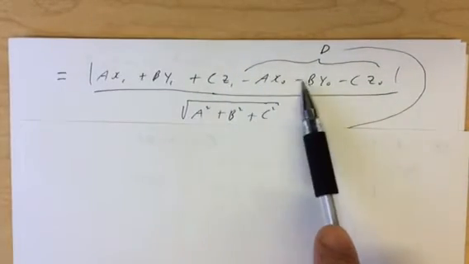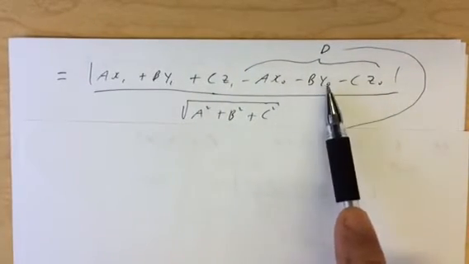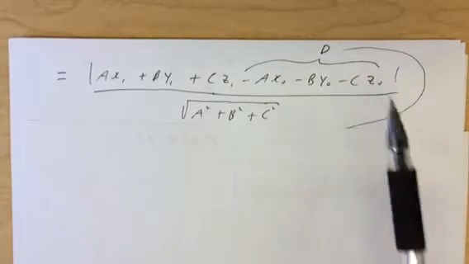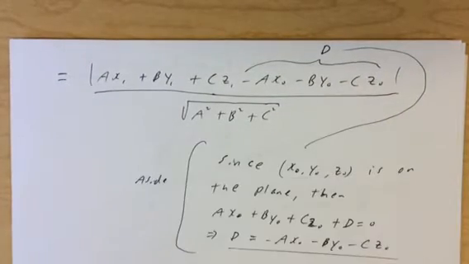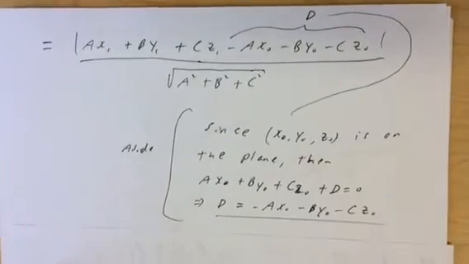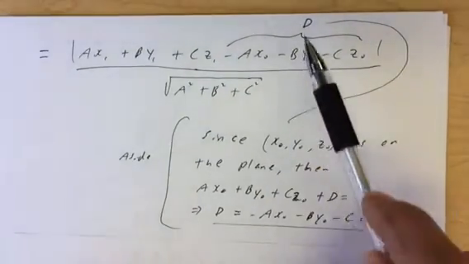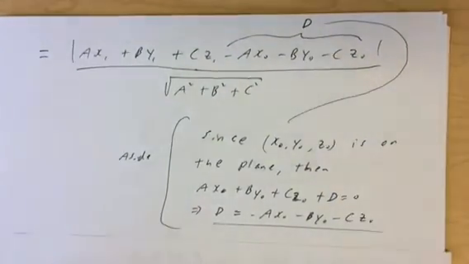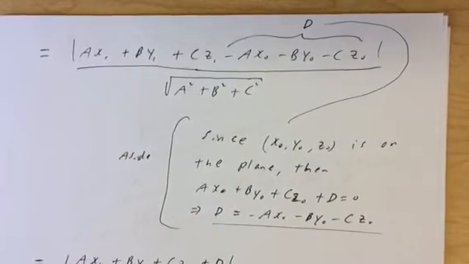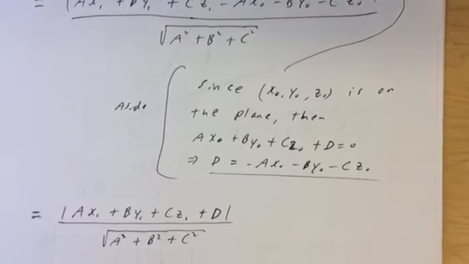And again, this equals d because x naught, y naught, z naught satisfies the equation of the plane. So we can substitute that constant in as d. And now we've got the distance from a point to a plane formula, which is right here.